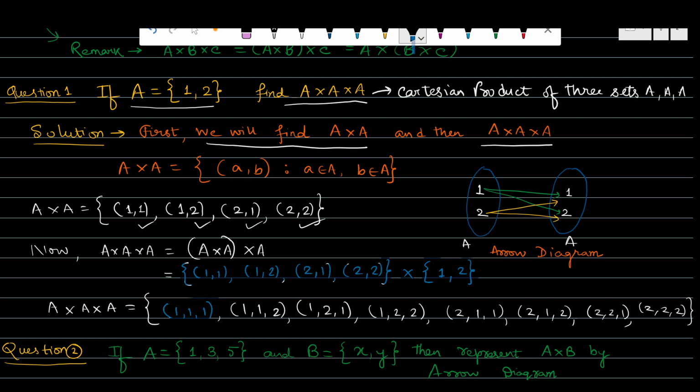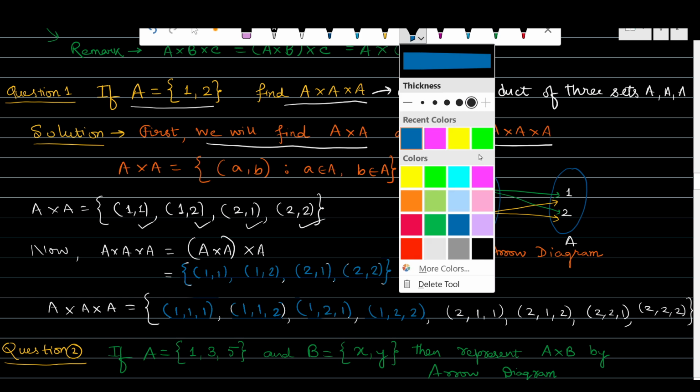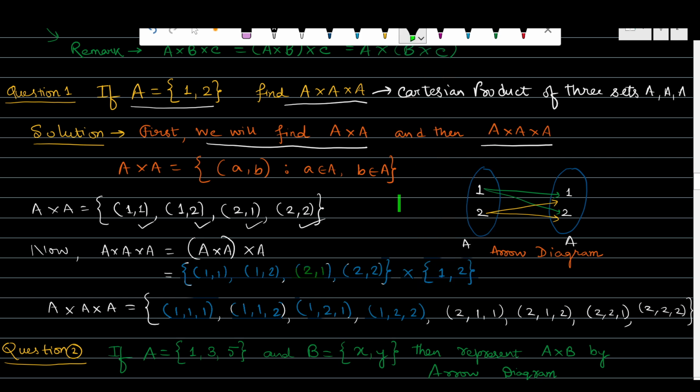Similarly (1, 1) maps with 2 to give (1, 1, 2). (1, 2) maps with 1 to give (1, 2, 1). (1, 2) maps with 2 to give (1, 2, 2). Similarly (2, 1) maps with 1 to give (2, 1, 1), and (2, 1) maps with 2 to give (2, 1, 2).